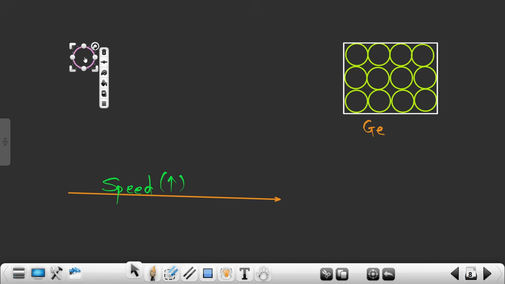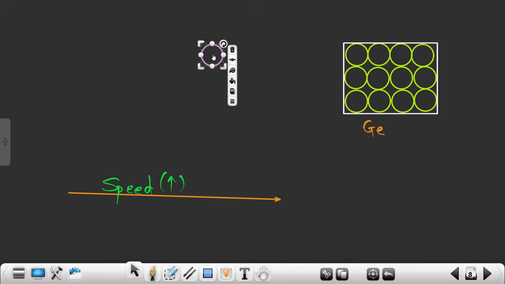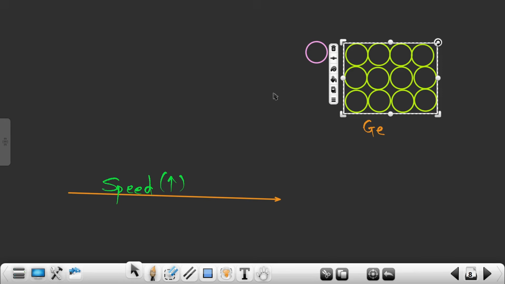So see, this is my impurity atom. It is coming at very high speed, and after that, see, over here it will make certain impact, right? As soon as this particular atom hits at this particular point, what is going to happen? This particular atom which is present over here will come out, and this particular atom will accommodate its space.